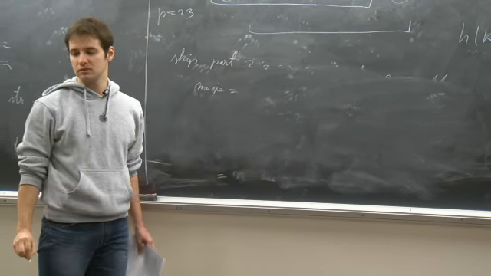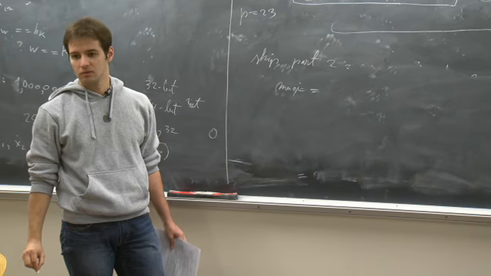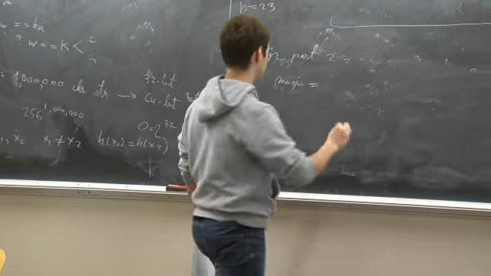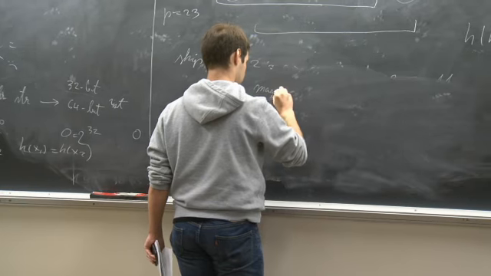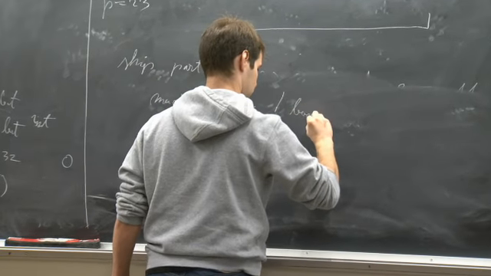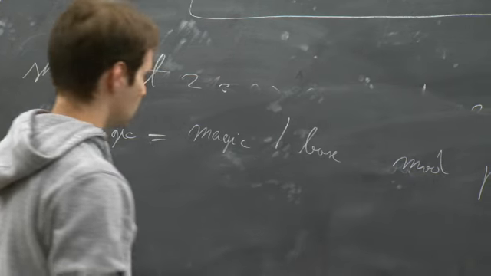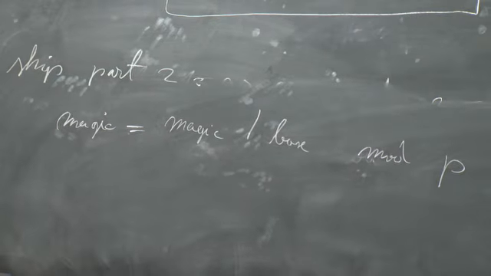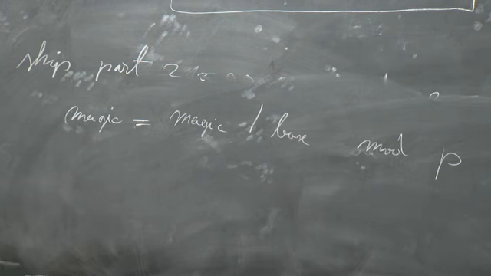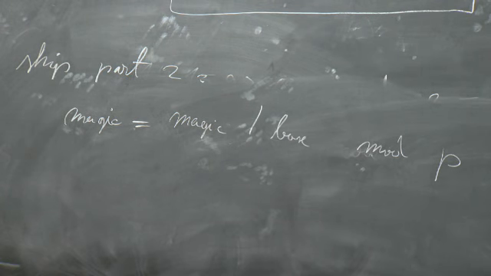Magic equals. So what if my magic is something like 5 and my base is 100? How is this going to work?